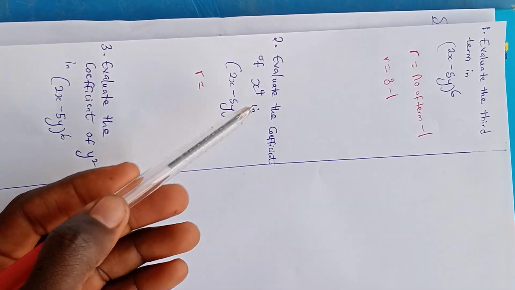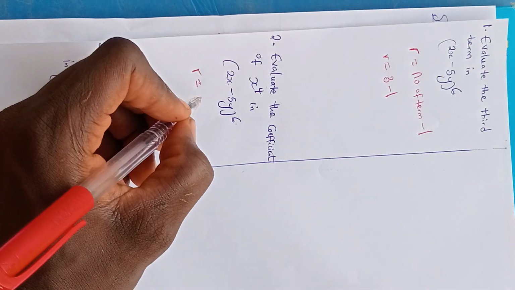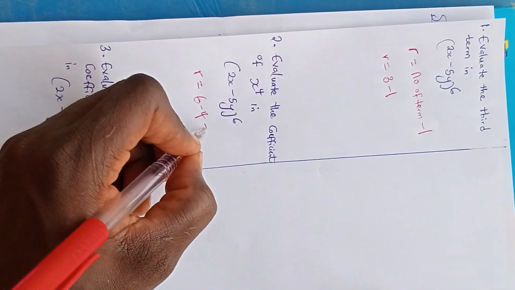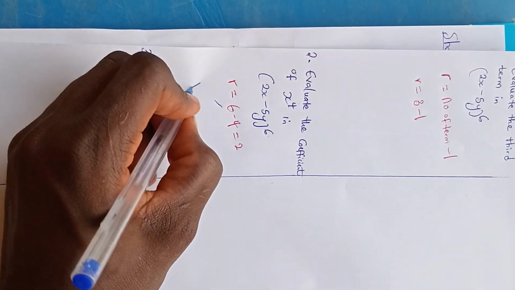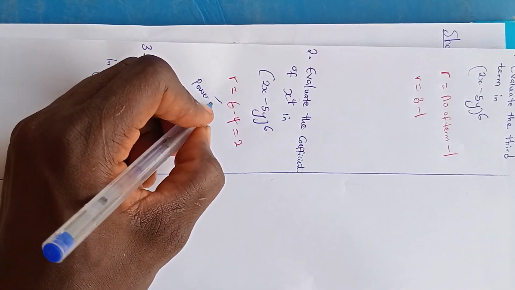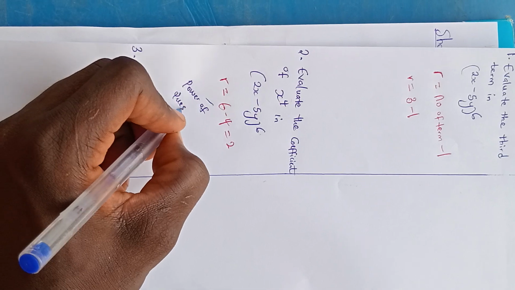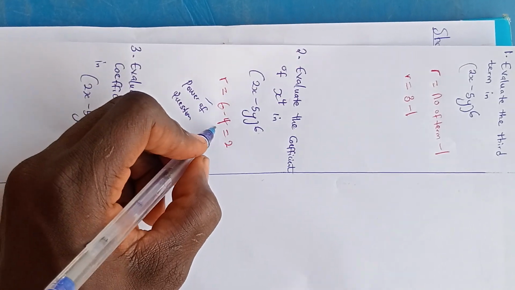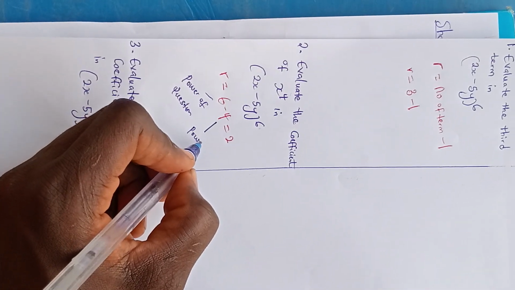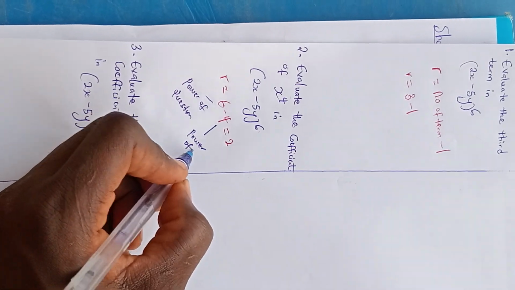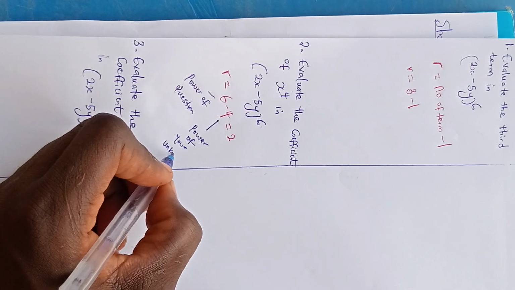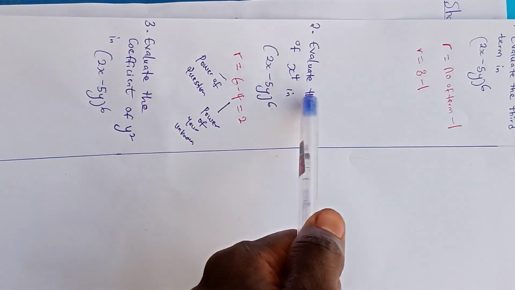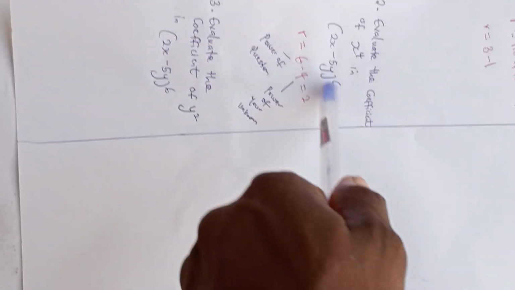When you subtract 4 from 6, you get 2. So 6 is the power of the question, while 4 is the power of the unknown you are looking for, x to the power 4. When you subtract both, you get the actual r.